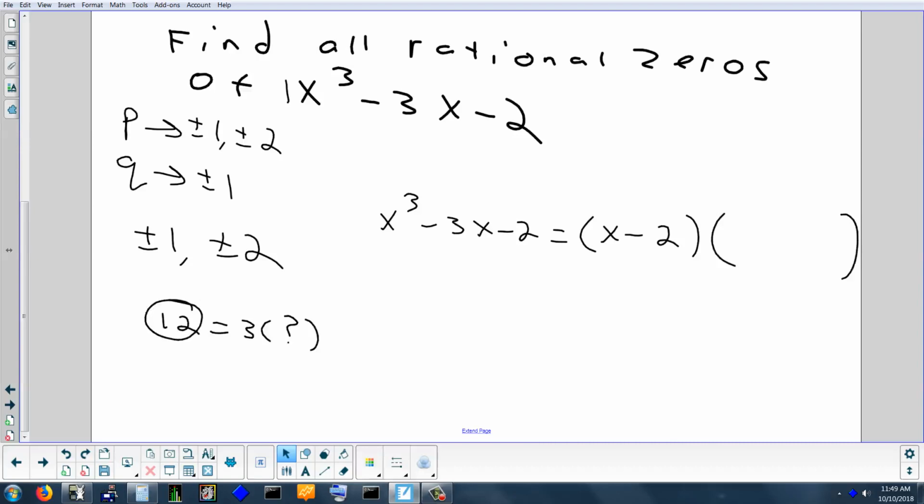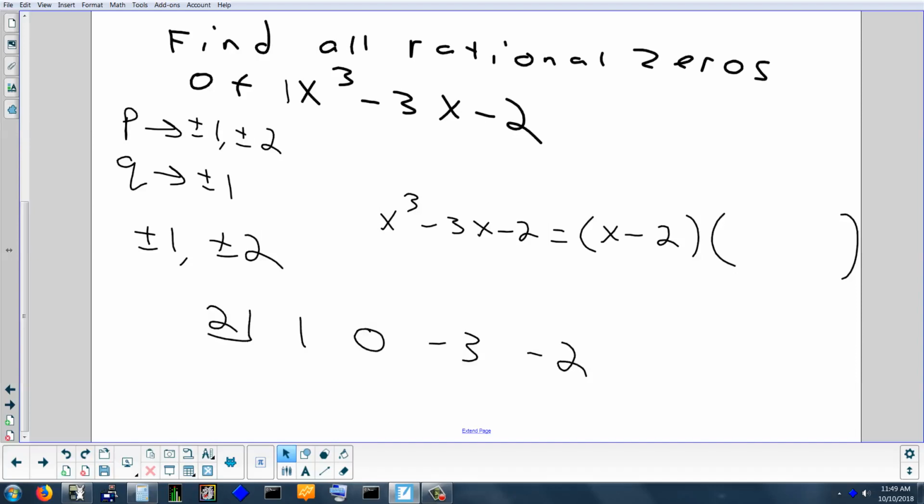Take your problem and divide by what you already know is a factor. So let's take our problem, which is 1x cubed, 0x squared, minus 3x, minus 2, and divide by what we already know is a factor, x minus 2.